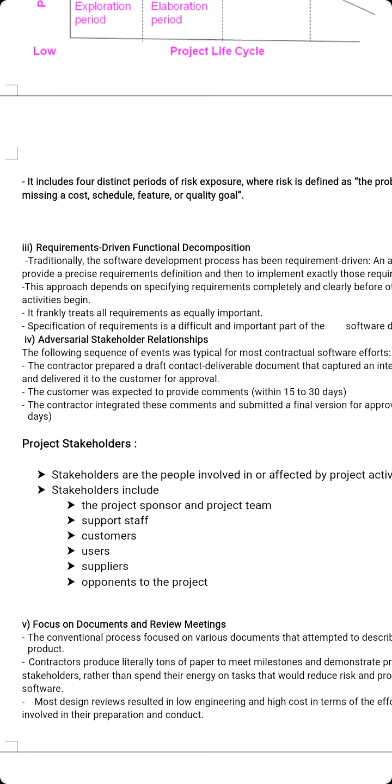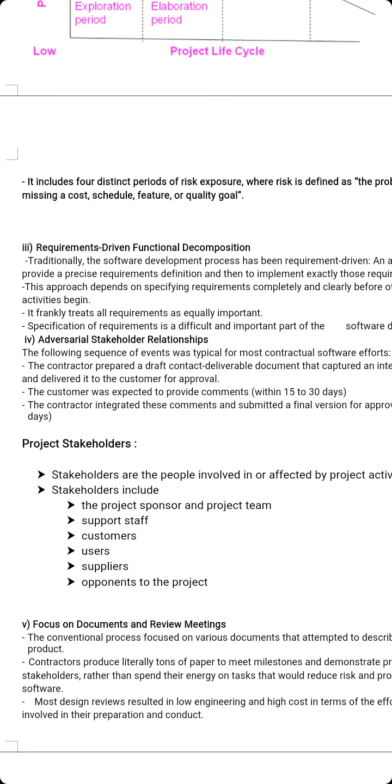The overhead of such a paper exchange review process was intolerable. So this approach will result in customer-contractor relationships degenerating into mutual distrust, making it difficult to achieve a balance among requirements, schedule, and cost.